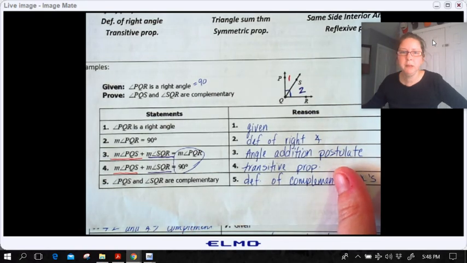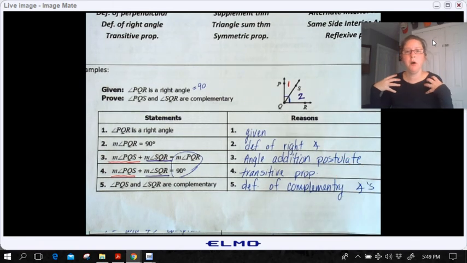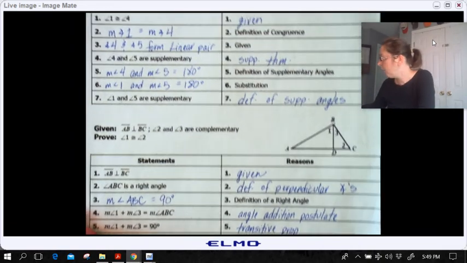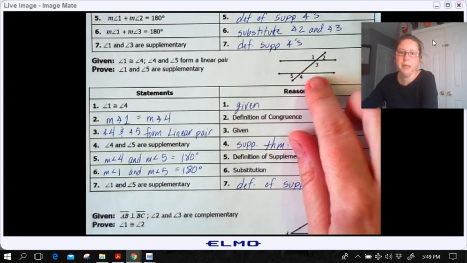If I was proving things using just my own thoughts for both statements and reasons the whole way through, sometimes there's lots of different ways that you can go about proving something. And that would be especially true for here.